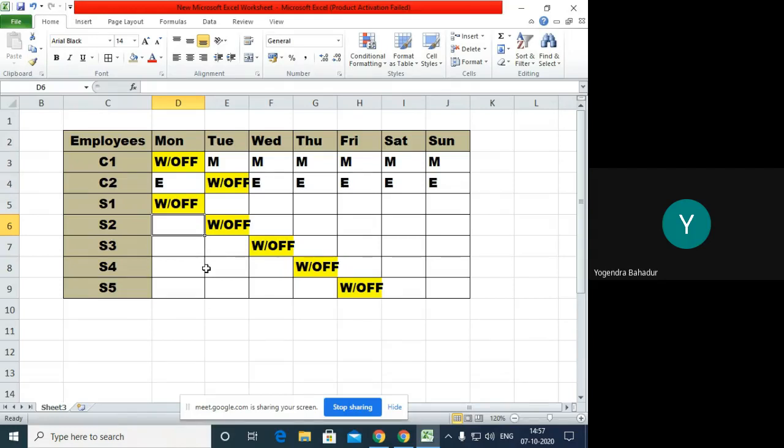As far as the stewards are concerned, we are going to keep two stewards in the morning and two stewards in the evening.